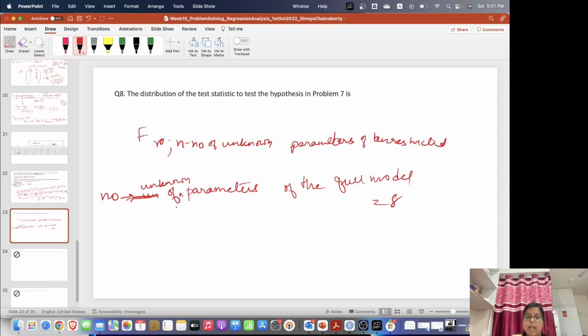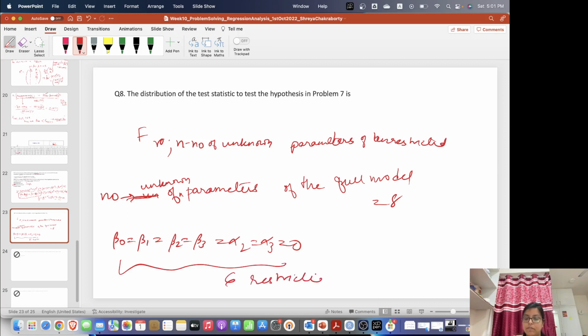And how many restrictions are there? Beta naught, beta 1, beta 2, beta 3, alpha 2, alpha 3 equal to 0. So there are 6 restrictions. So our F statistic distribution would be F 6, n minus 8, where n is the total number of observations.